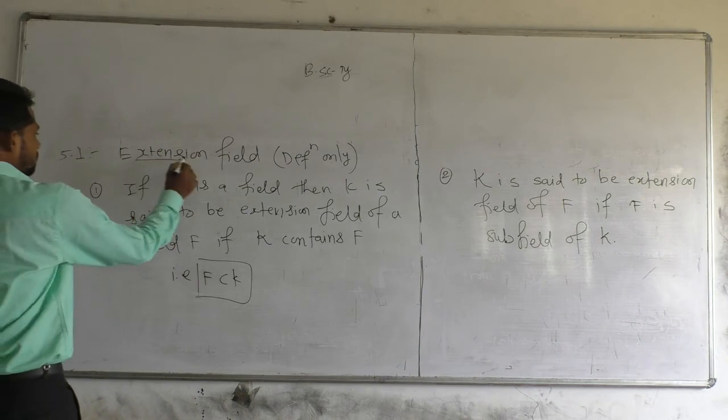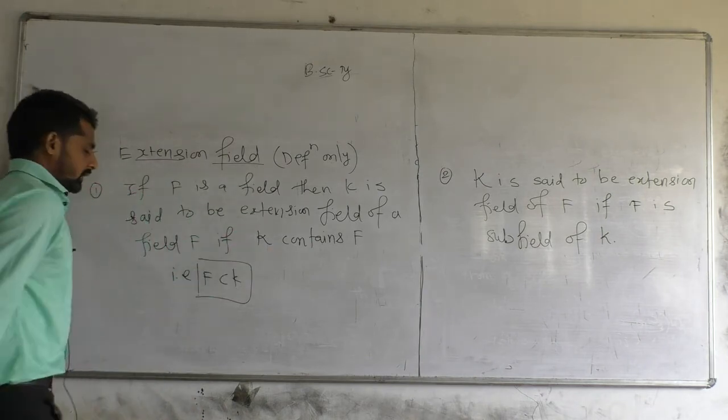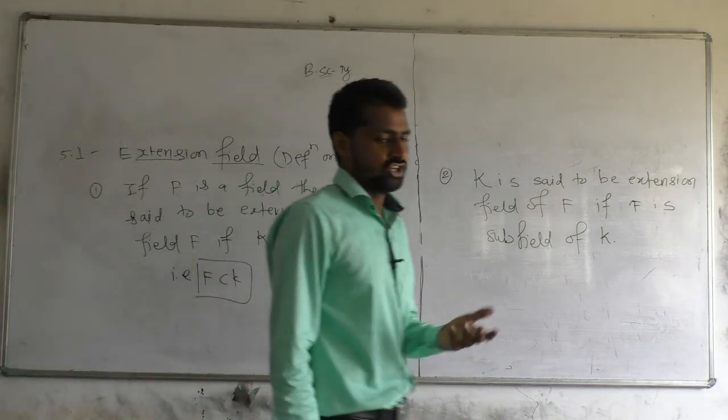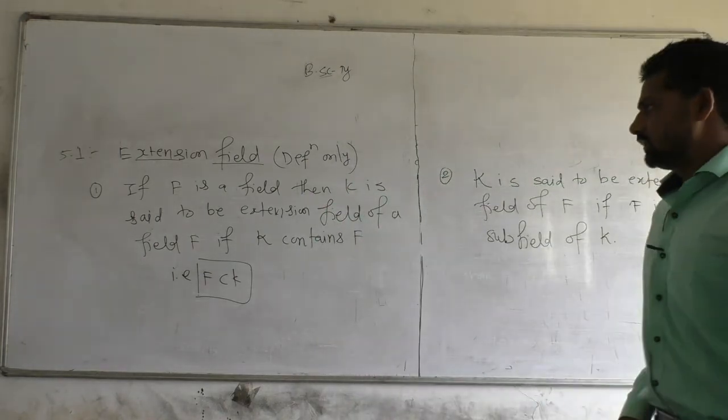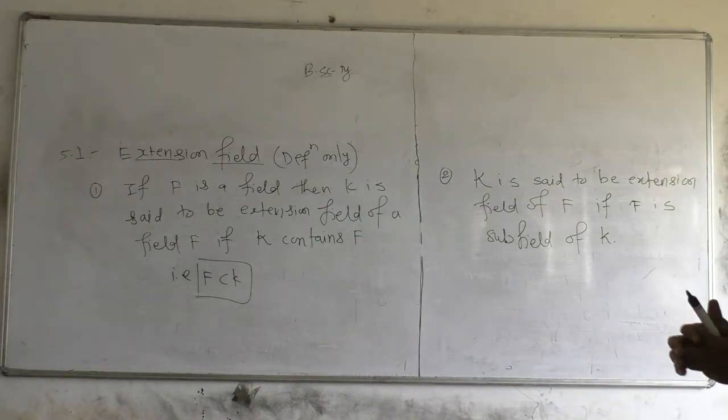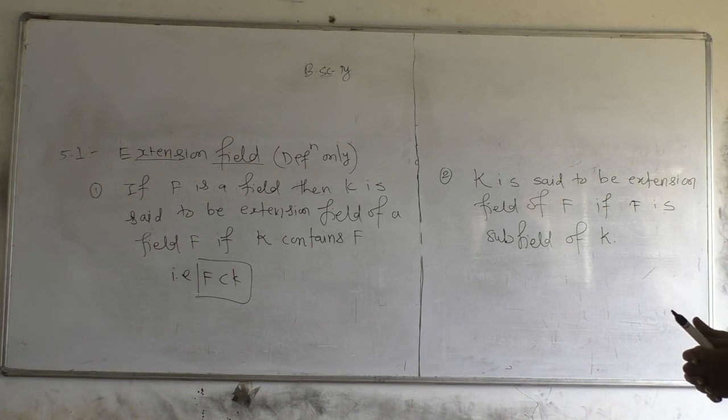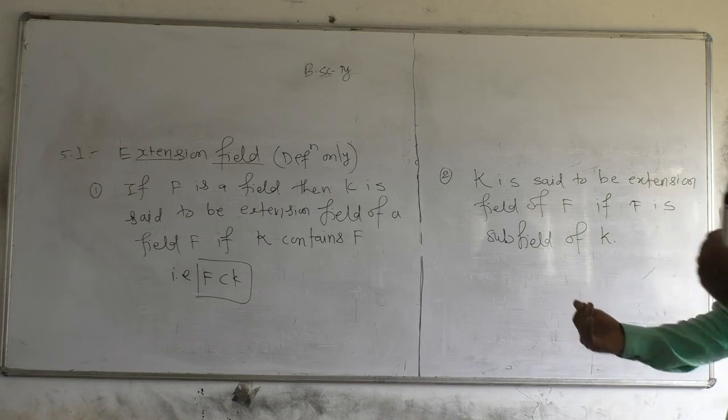So when we say that any field is an extension field of some field, if F is a field, then K is said to be an extension field of a field F if K contains F. That is, F is a subset of K, and K itself is a field.